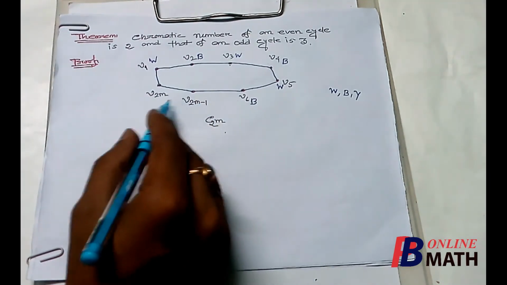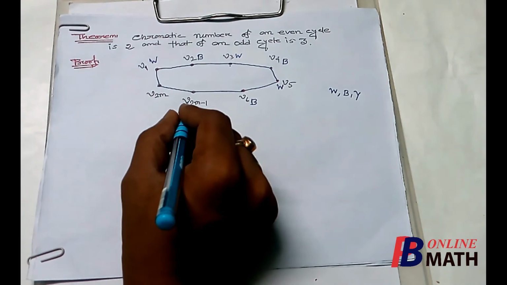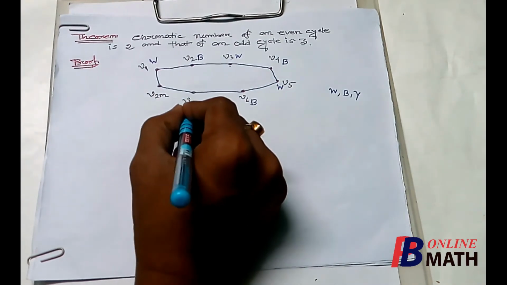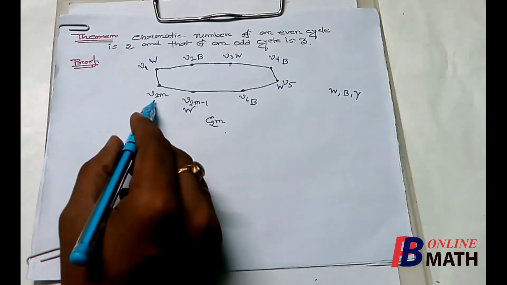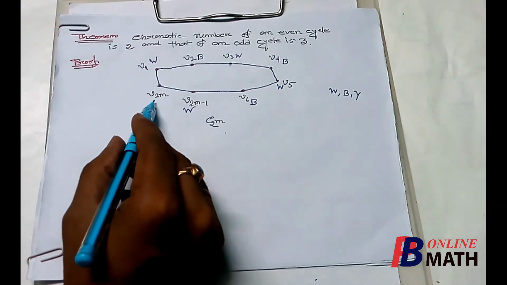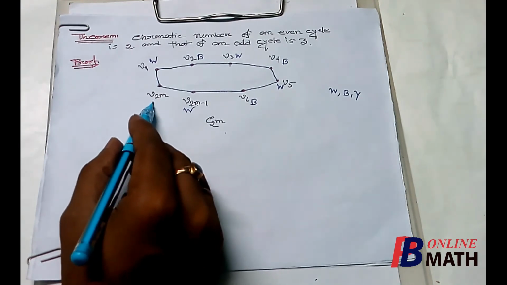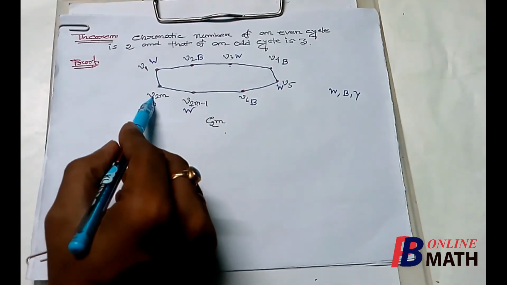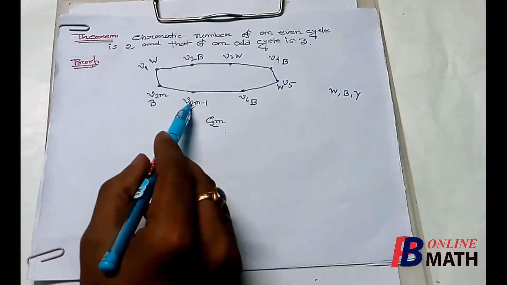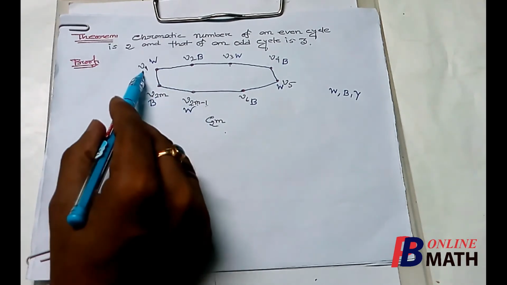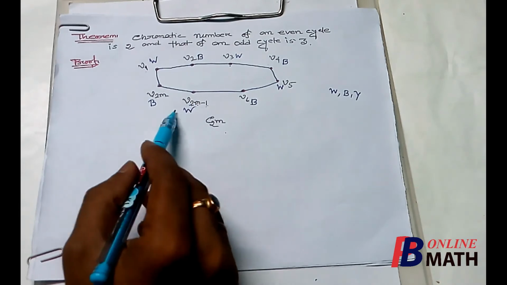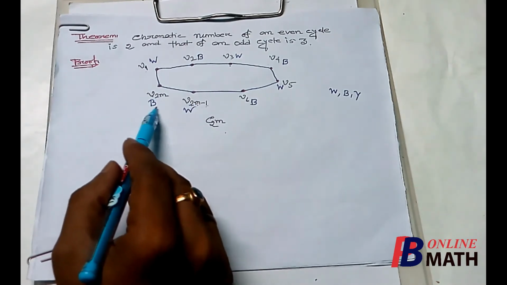So continuing in this way, this vertex v2m-1, the index is an odd number, so it can be colored with white color, and since this vertex has an even index, it can be colored with blue color. Now this vertex is adjacent to both v1 and v2m-1. Now v1 has white color and v2m-1 has also white color, so we can assign v2m blue color.